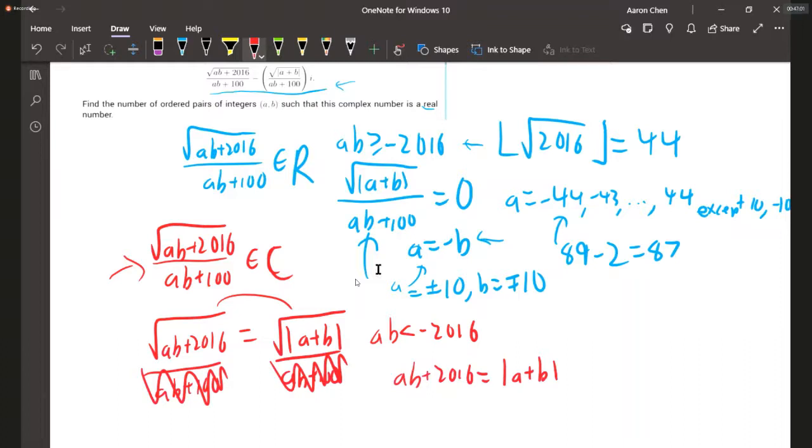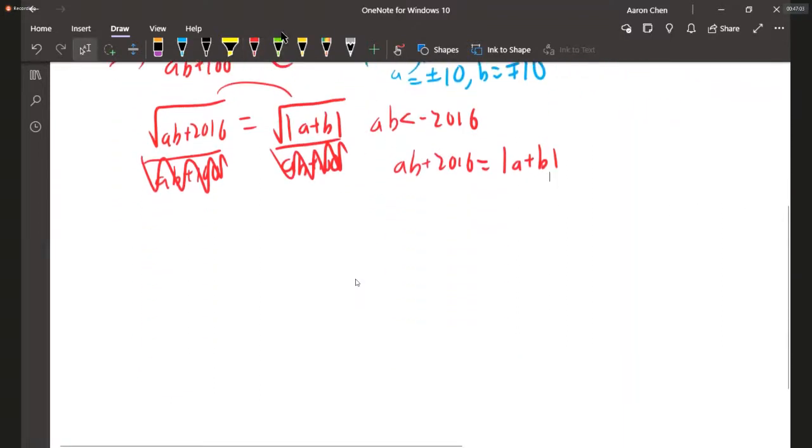And now we can split this into more cases. So the first case is if a plus b is greater than 0. And in this case it becomes ab minus a minus b plus 2016 equals 0.